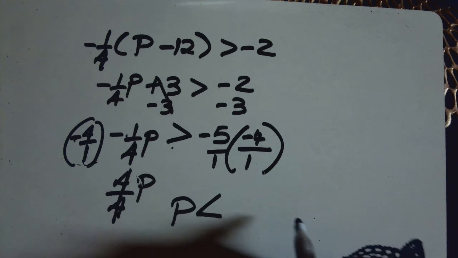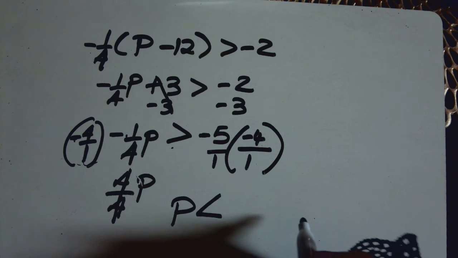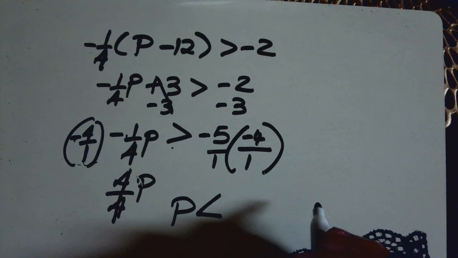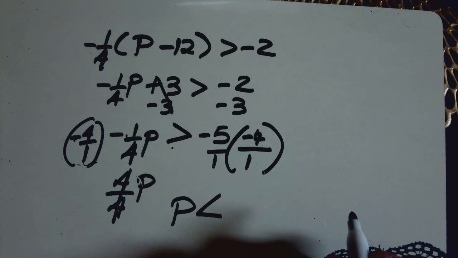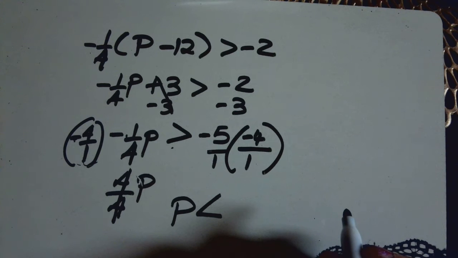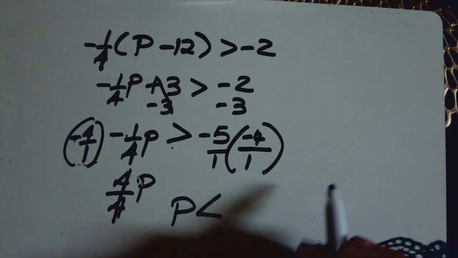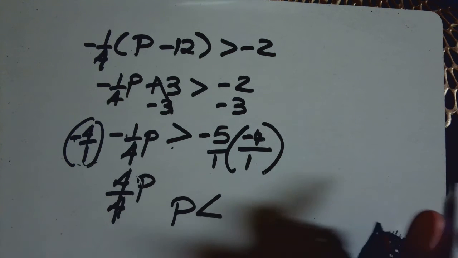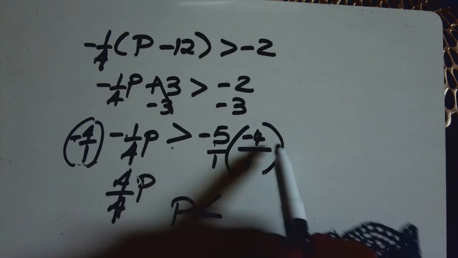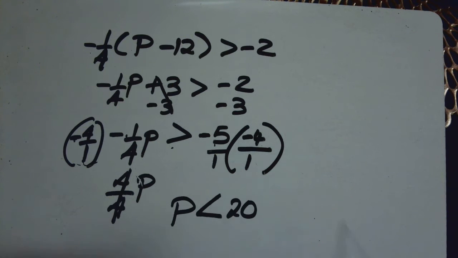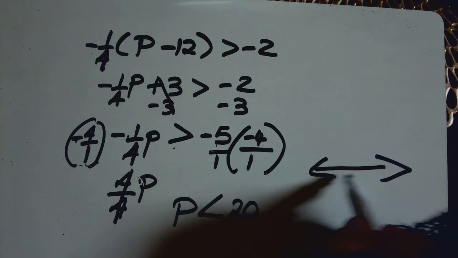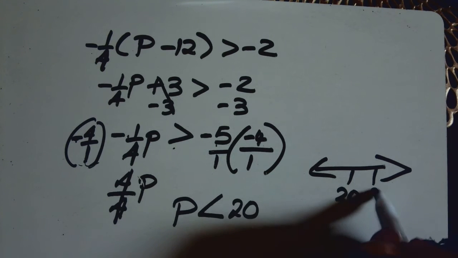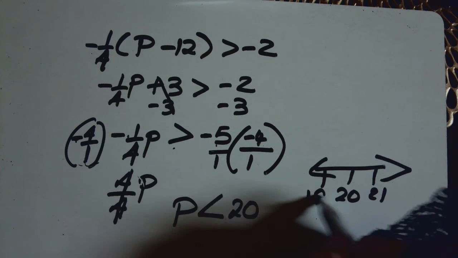And all numbers, no matter what they are, even when we say 20 or 15 or negative 7, you can actually write them as fractions because they're over 1, but nobody just thinks about them that way. So every number is actually over 1. Any whole number or integer, I mean. So this becomes 20. So p is less than 20.